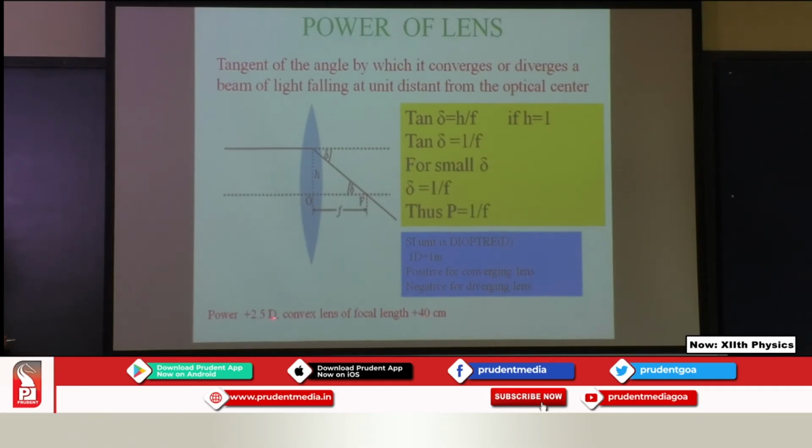How is that? I know that power is 1 upon f. So, if your prescription says power minus 4 D, then you know the one you have to use is the concave lens of focal length minus 25 centimeters. So, students, you can just go back, if you are using specs or even if your parents are using, and check out what lens is being used.